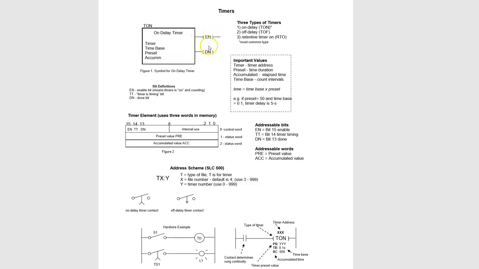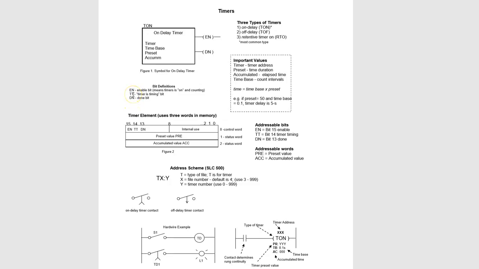Now as long as this enable is high, the timer timing bit is high until you reach the end of the time, and then the timer timing bit will stop and this done bit will at that point go high. So the TT and the DN, they toggle. If this is a 1, this is a 0; if this is a 0, this is a 1.